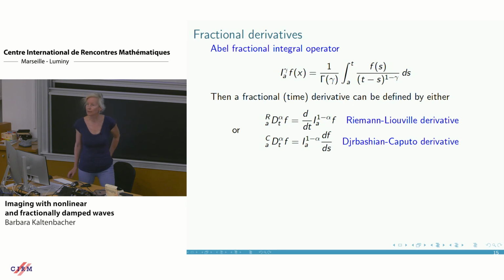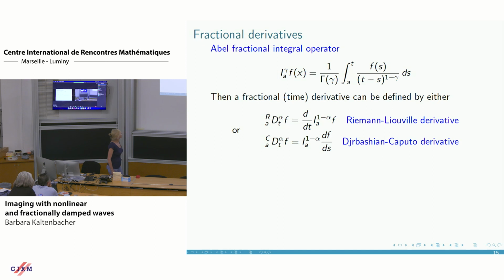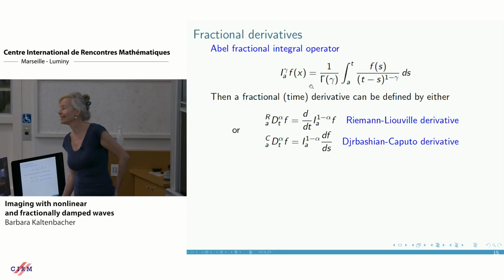So what are these time derivatives? We have seen them already yesterday. They are all based, it was also nicely mentioned, that historically they go back quite far. And so here the first anchor point is already at least a century back with Abel, who invented the Abel integral operator, this one here.